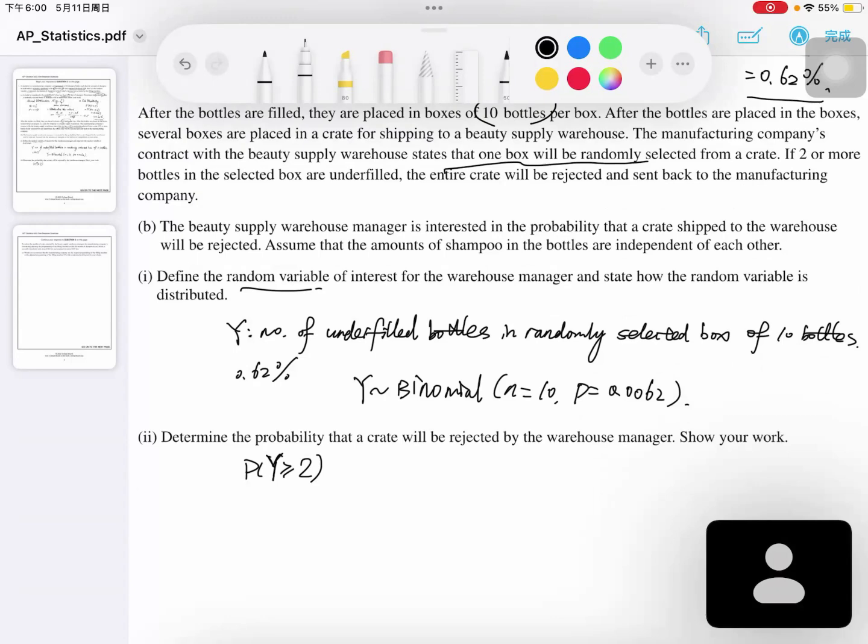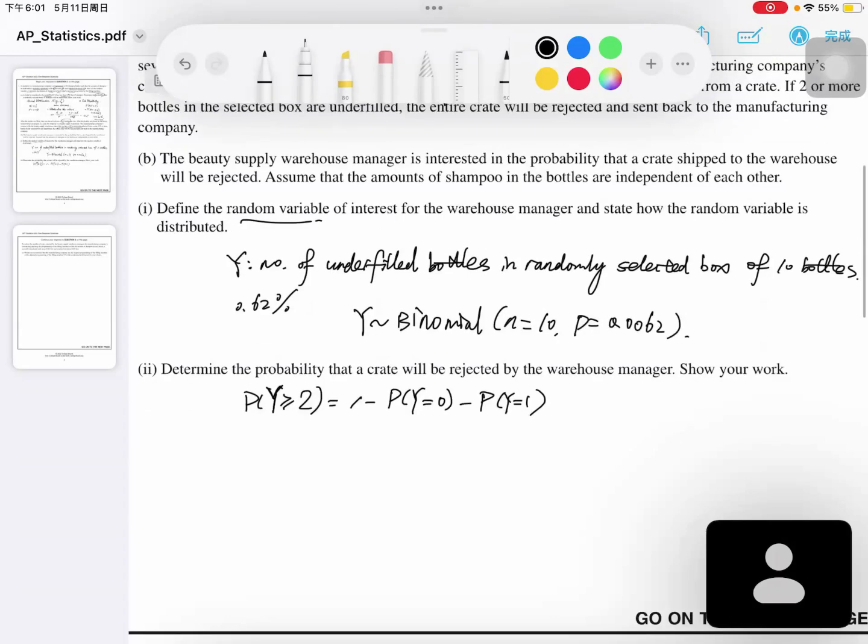So the first step is to derive the expression of P(Y greater than or equal to 2). It equals 1 minus the probability of Y equals 0 minus the probability of Y equals 1. And then we calculate P(Y equals 0).